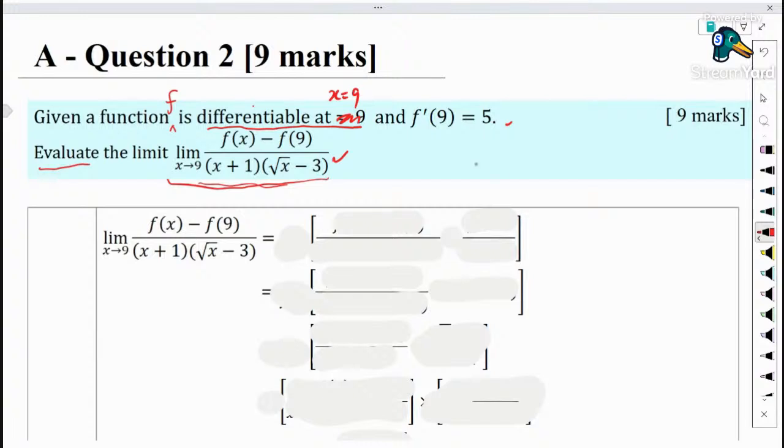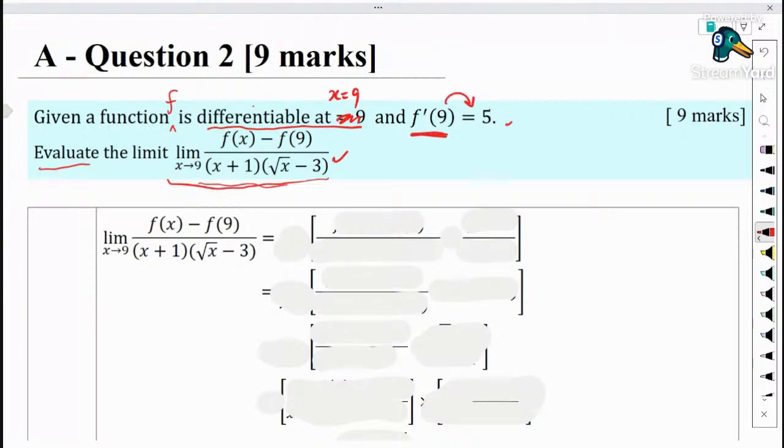So first, according to the question, you were told that f is differentiable at x equals 9. That means f prime 9 is valid, and it gives us the value of 5.